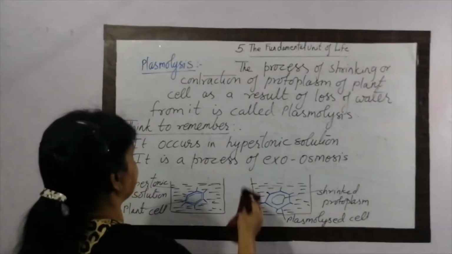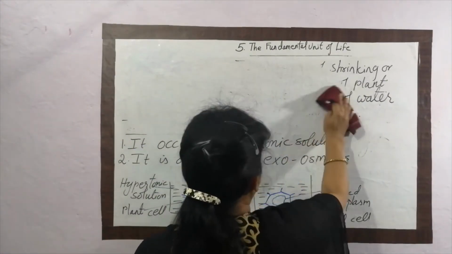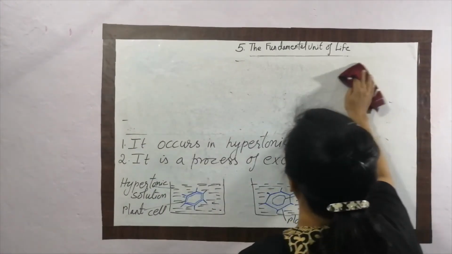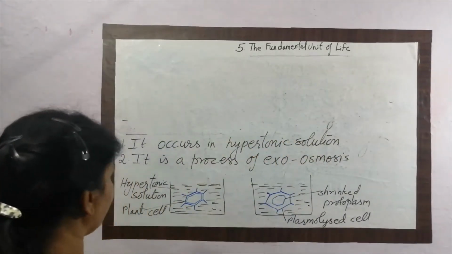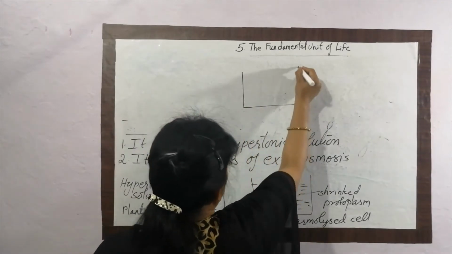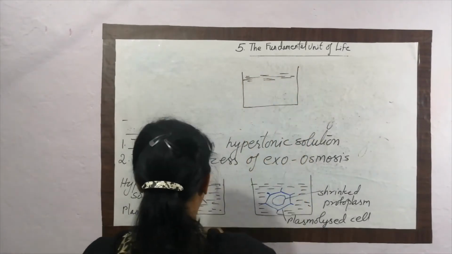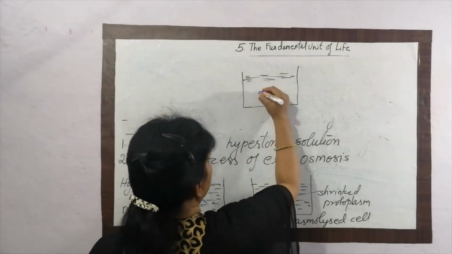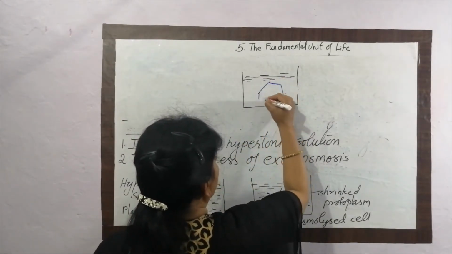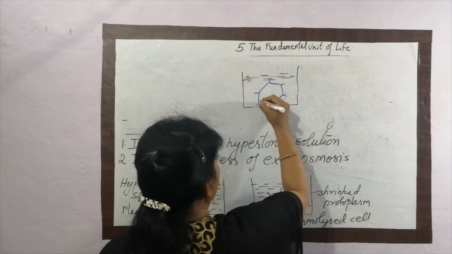Let's see the result. Okay, what is going on here earlier? See, we took a container and collected hypertonic solution in the container and placed a cell inside it. Like this.